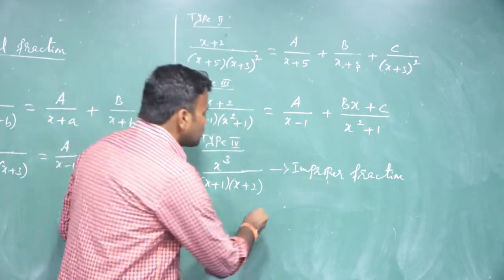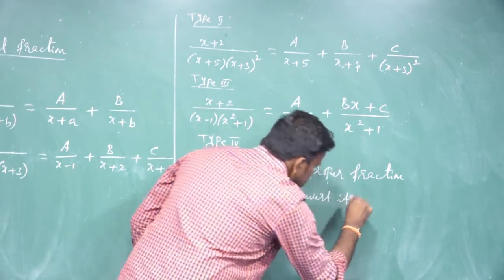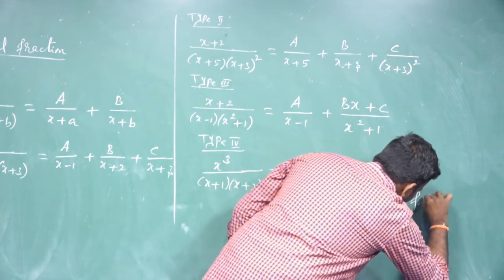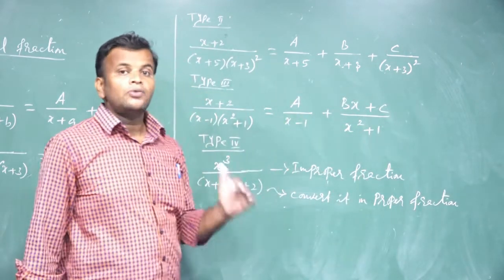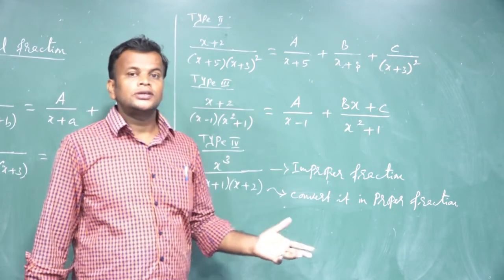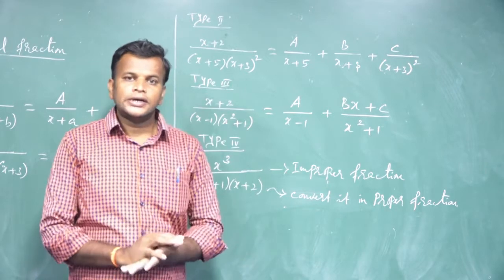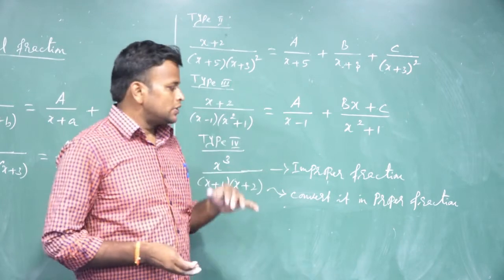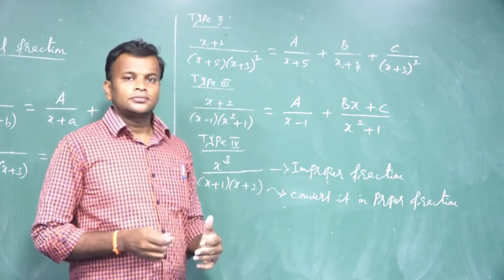The first step is to convert it into a proper fraction. There is a working rule. We divide the numerator by the denominator. Suppose we divide the numerator by the denominator, there is a chance the improper fraction becomes a proper fraction. So first convert the improper into a proper fraction, then we do the same work.